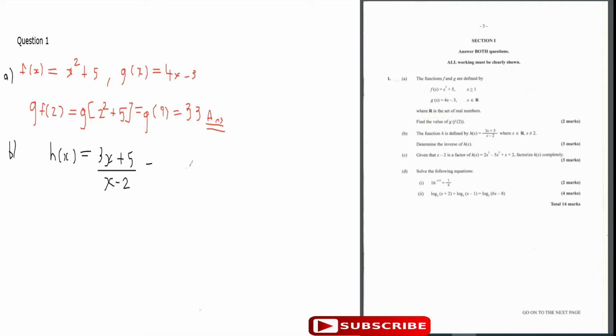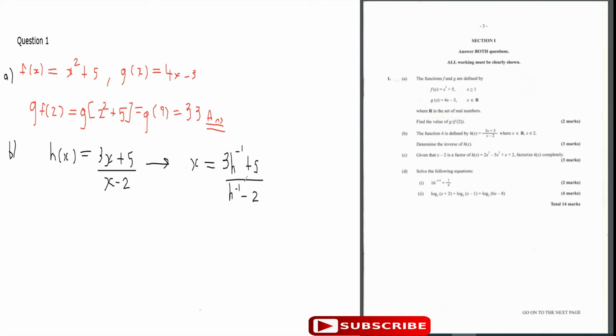To find the inverse, we interchange x and y. Instead of saying y, I'm going to write h inverse. So x is 3 h inverse plus 5 divided by h inverse minus 2.